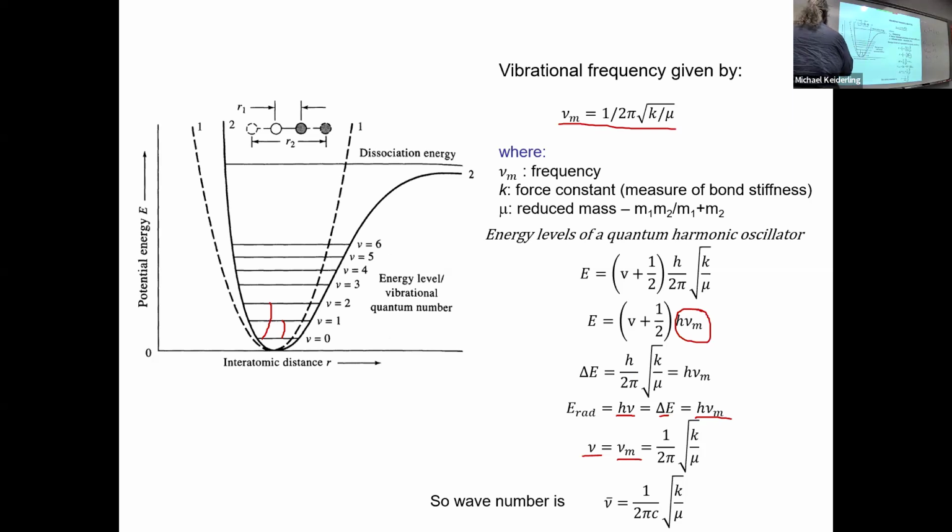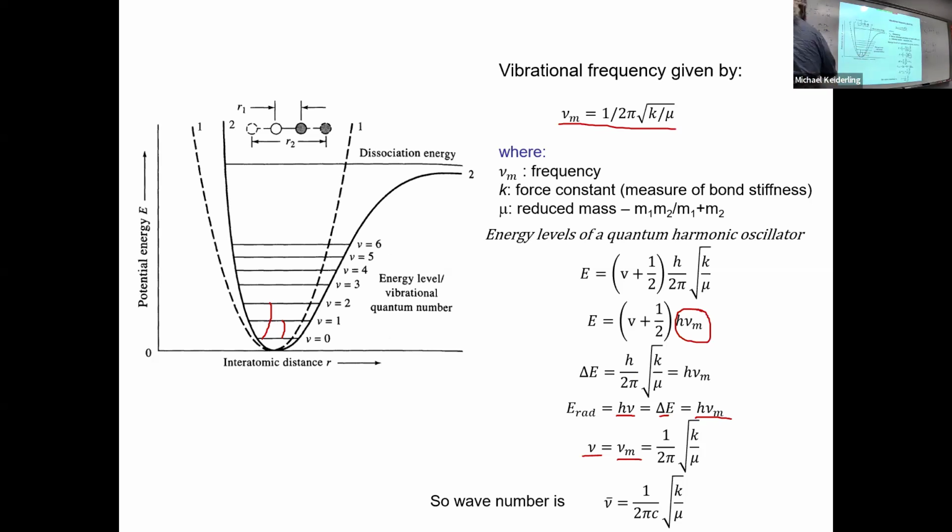Whatever delta v changes by, that's just some integer times h nu_m. And if we want to find the frequency that you're going to oscillate at, it is delta v times nu_m. And usually delta v is just 1. You're really usually only dealing with transitions from 0 to 1.